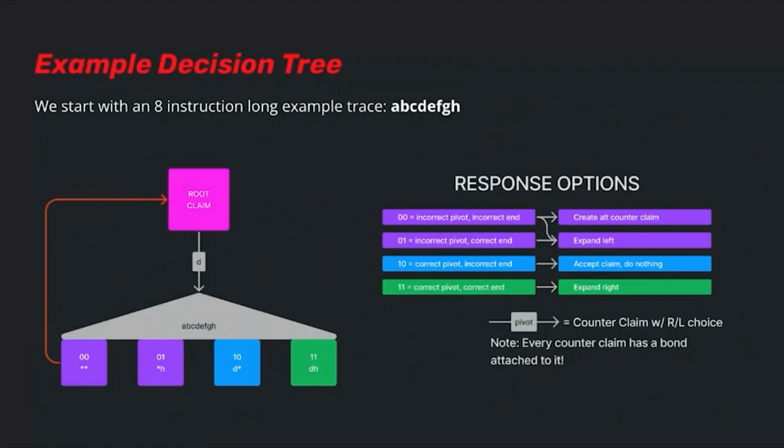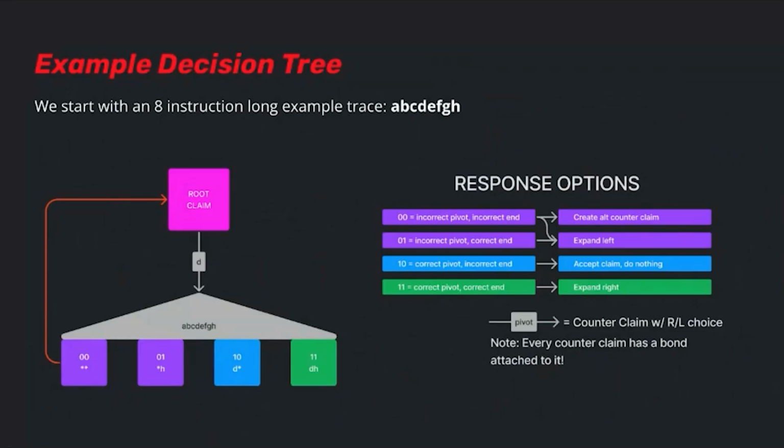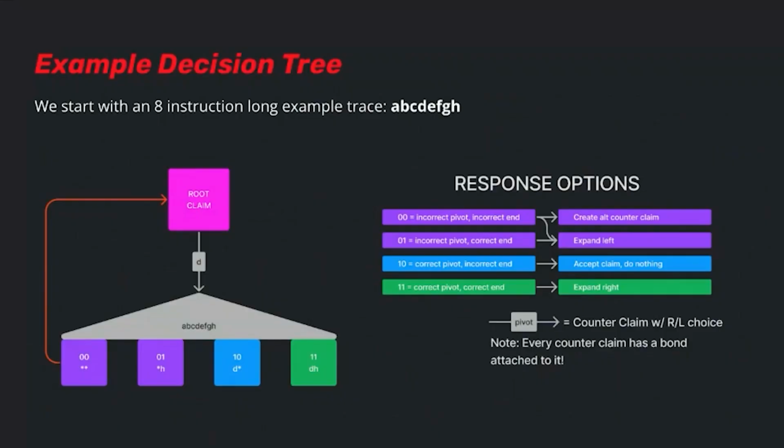That pivot is going to be the midpoint of my execution trace. It doesn't have to be. I could supply something completely wrong, like the 75% waypoint, but I can always go back and counter that as an honest actor. It doesn't matter exactly where they supply the pivot, given that at the bottom level of the tree you can objectively prove them wrong.